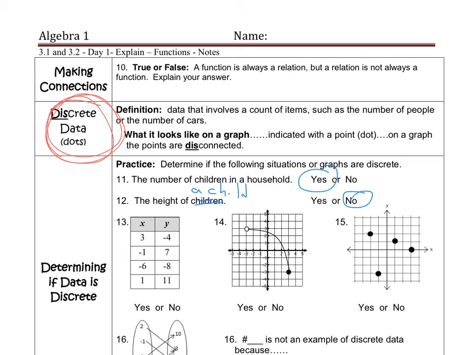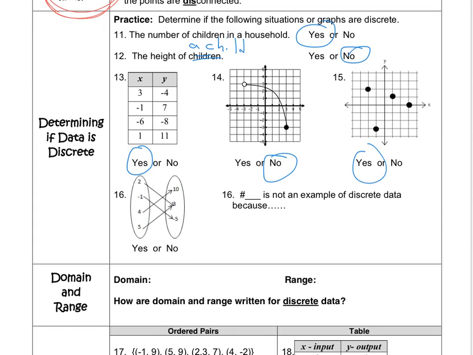Okay, when we look at this table, well, this table is 4 separate points, just like counting something. So yes, that is discrete data because they're 4 separate points. But we look at number 14, and that includes all the points on that line. So that's not discrete data. 15 is discrete data because they are separate points. 16, the mapping is very much like the table.